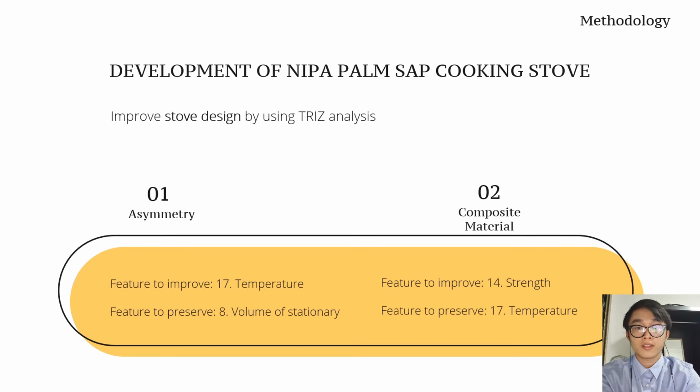To improve the stove design by using TRIZ analysis, the solution given by TRIZ is firstly asymmetry, where the feature to improve is temperature and the feature to preserve is volume of stationary. The second one is using composite material, where the feature to improve is strength, meanwhile the feature to preserve is temperature.